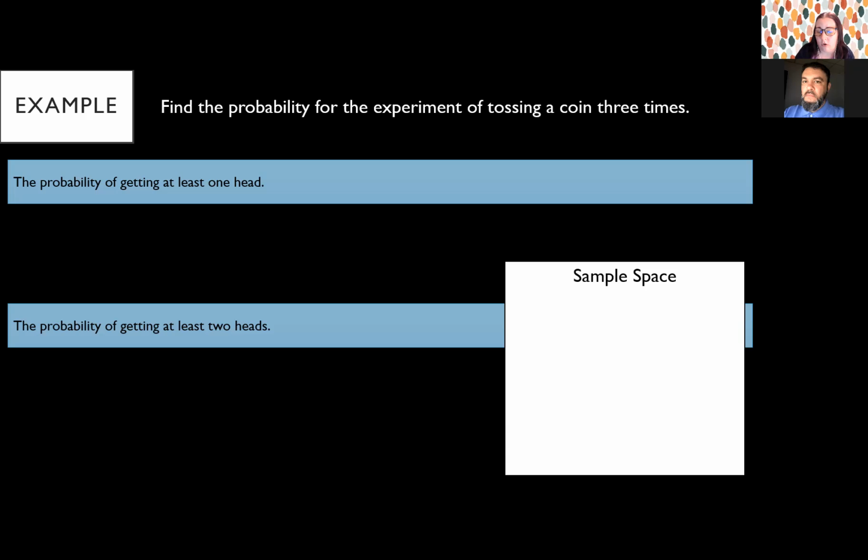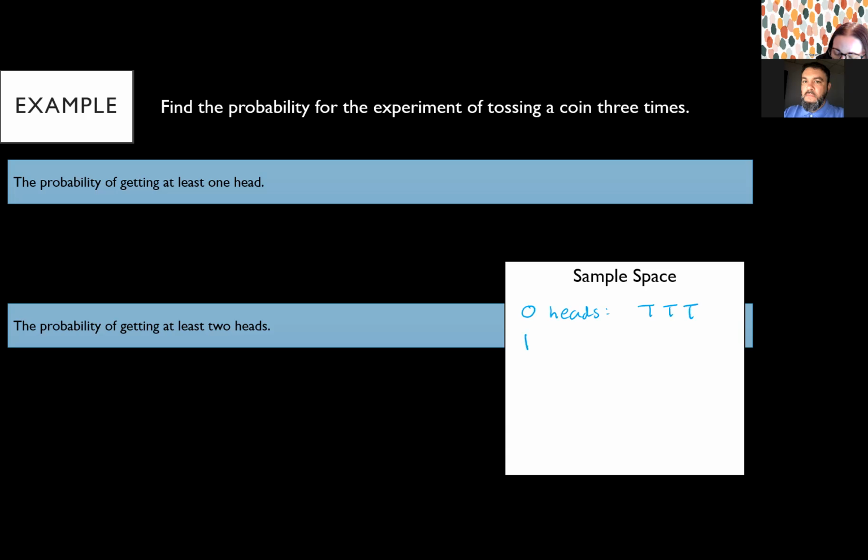We're going to start by writing down the sample space for this. If we're doing something more than once, I like to write down the sample space, especially if it's a pretty small sample space, so that I have an idea of what I'm actually looking at and all the probabilities. So we could have 0 heads, and that would be if you get all tails.